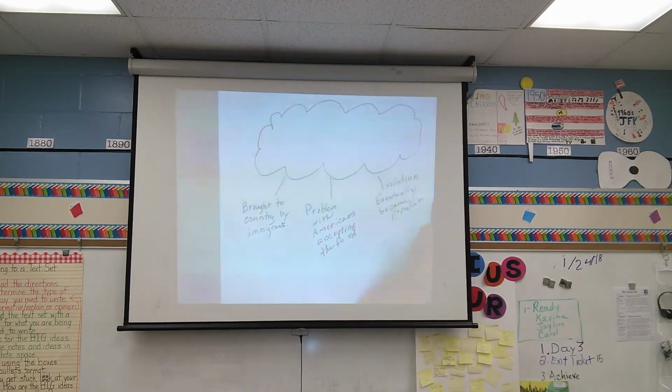Okay, and so now we're ready to turn these into sentences. And remember what we talked about. We talked about if we don't put a sentence in our planning sheet, what we're finding is we don't end up with a sentence in our essay.